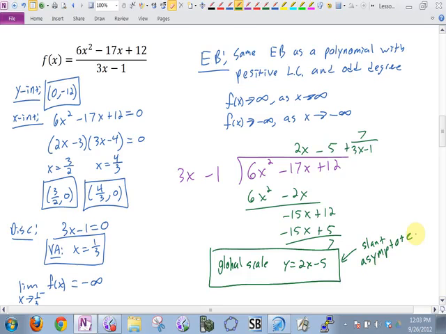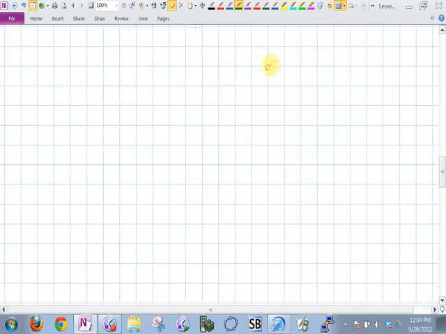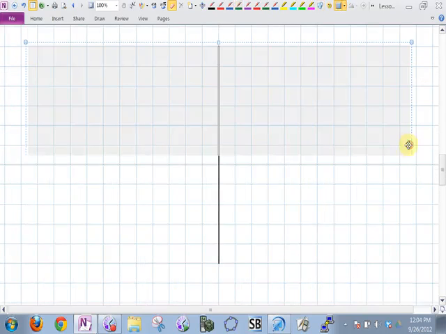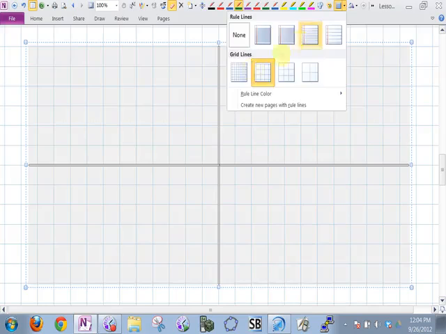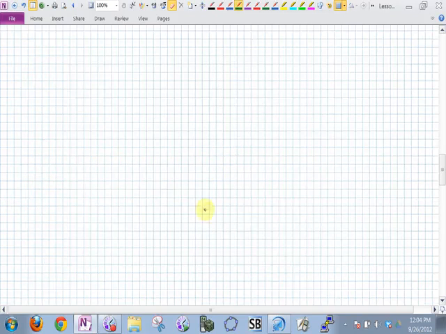So now I feel pretty confident we can graph this thing really accurately. Okay, let's get a nice grid, some axes.